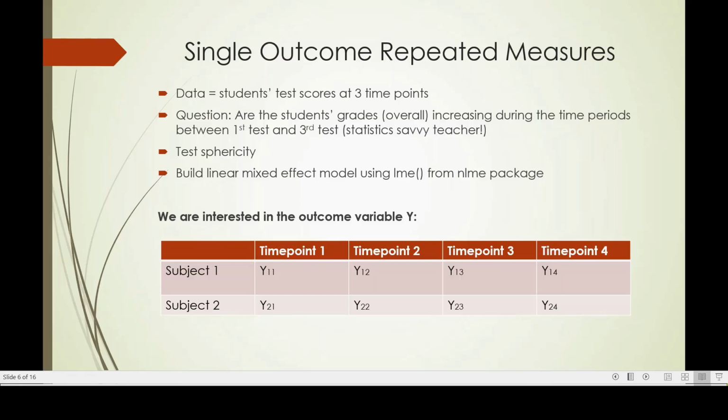These test scores are repeatedly measured because we gave them 3 tests, each at a different time point. The question that we might ask in this scenario is: are the students' grades overall changing or not changing? Are the students' grades overall increasing or decreasing between the time period of the first test and the time period of the third test?